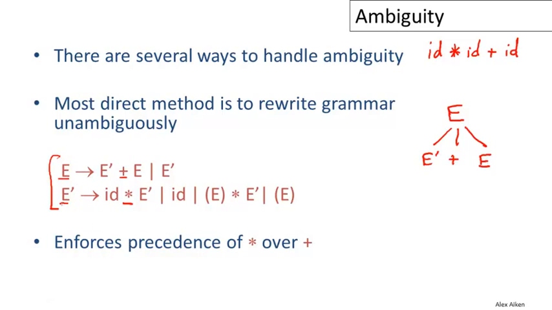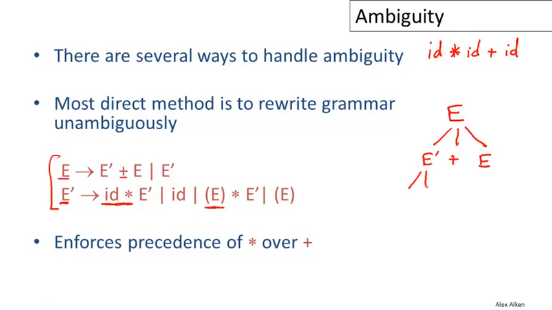Now if we look at E prime, what can E prime do? Well, E prime can generate an identifier times something, and if you look at the grammar, that is the only production that can generate an identifier times something else. The only other possibility involving times is to generate a parenthesized expression, which clearly won't match the string that we're trying to parse.